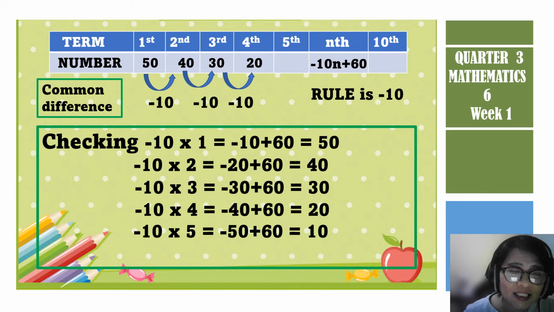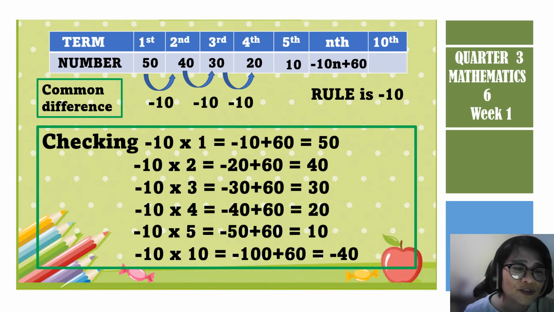Plus 60, so unlike pa rin sila, magma-minus tayo. Ang natira na lang ay 10. Positive kasi mas malaki yung 60, kaya positive 10. Kaya ang sagot natin sa fifth term ay 10.